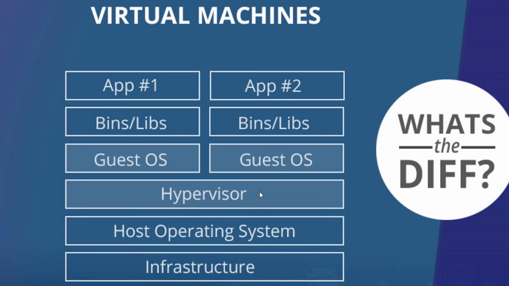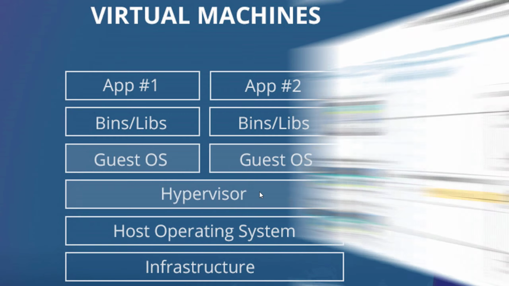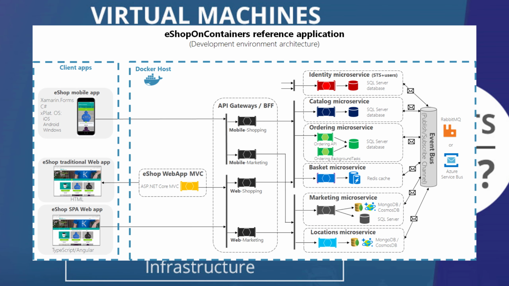So virtual machines are really, really heavy. The reason being you're going to have a separate operating system for a specific application. Let's say for your organization, you have an application which is going to consume many different services or many different microservices, and which is going to run in multiple different virtual environments.